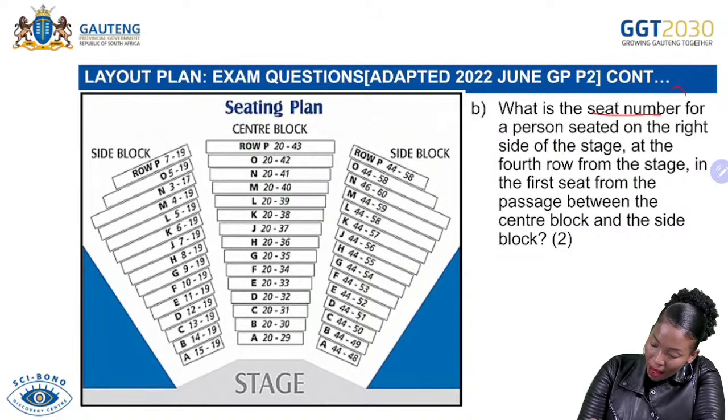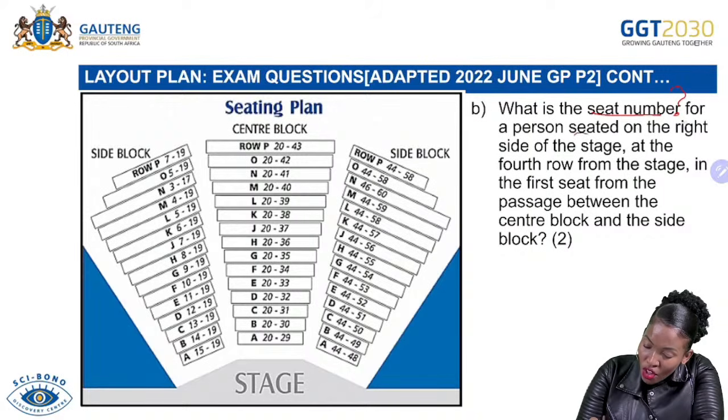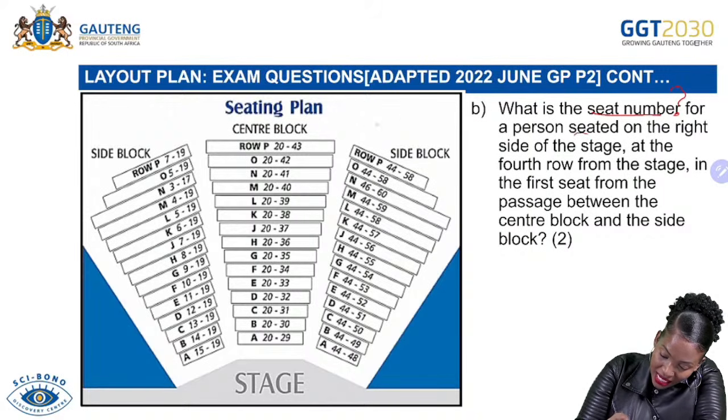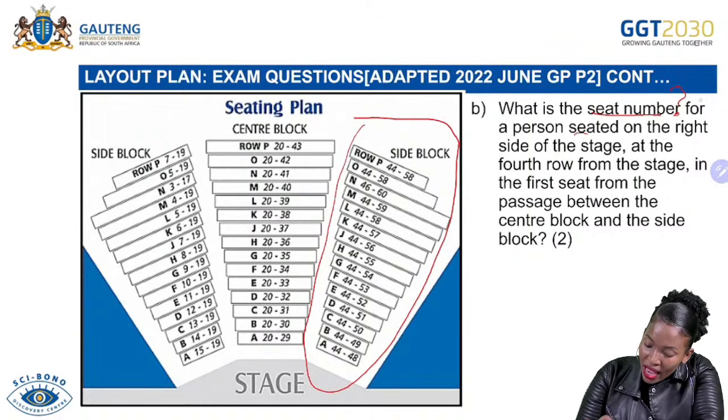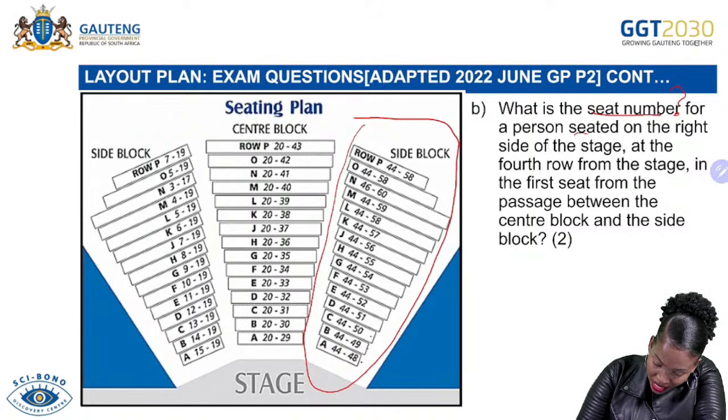What is the seat number? That is the question. Where is the person seated? On the right side of the stage. Guys, this is the right side. I'm looking at this diagram. That is the right side. So at the fourth row, what is row number 4? 1, 2, 3, 4. So this person is in this row.